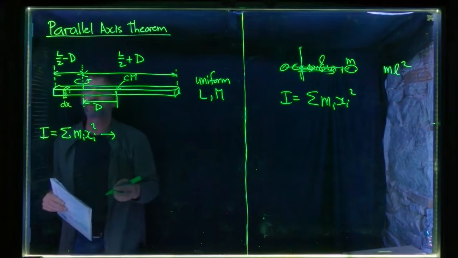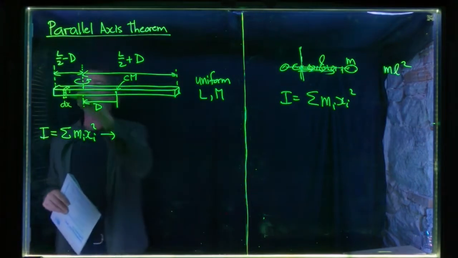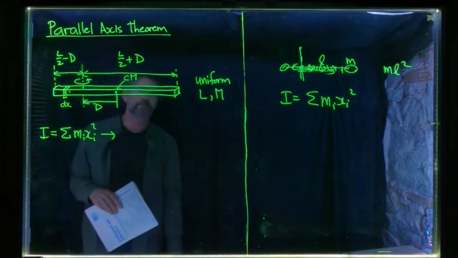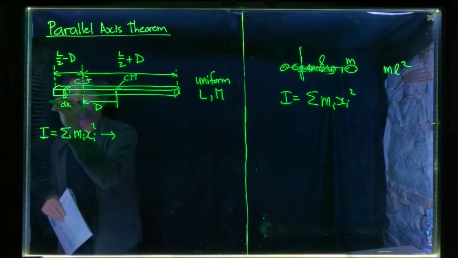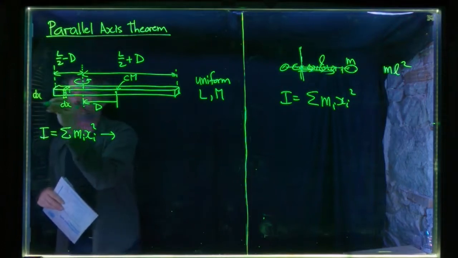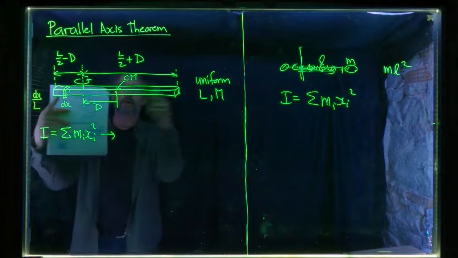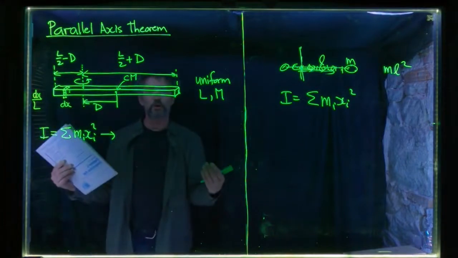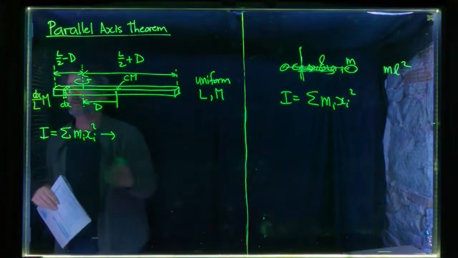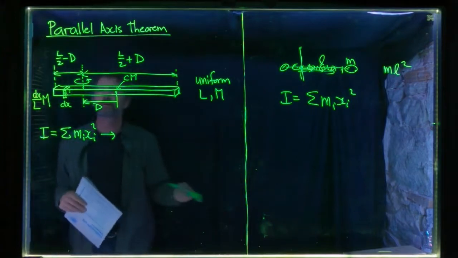And so the question, first of all, is what is the mass of this little chunk of rod of width dx? Well, the mass of it is going to be dx, that little width, divided by the total width of the rod. That's the fraction of the total rod we're talking about, times its total mass. Dx over L times m.